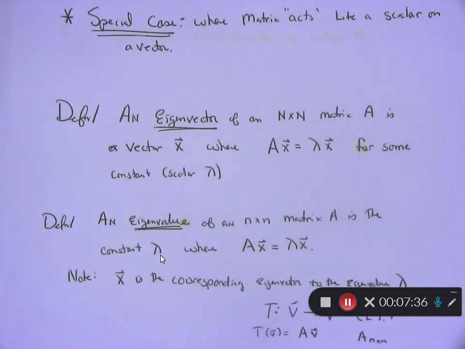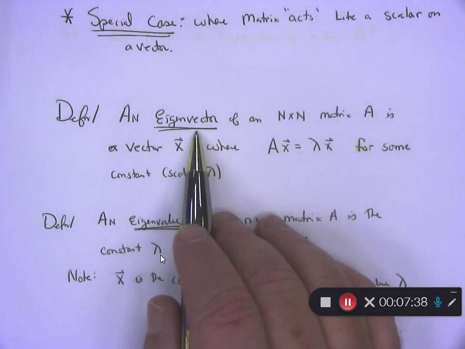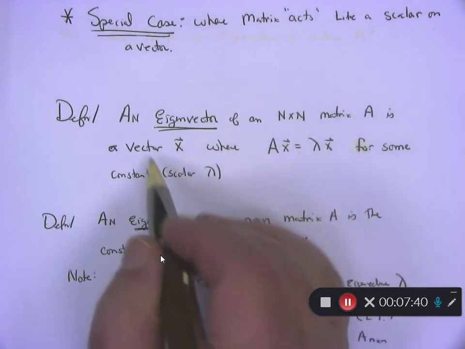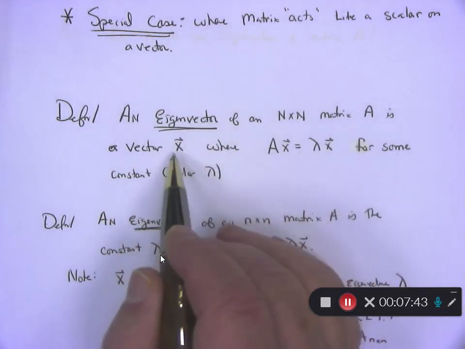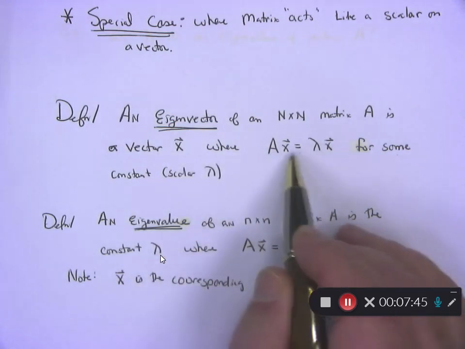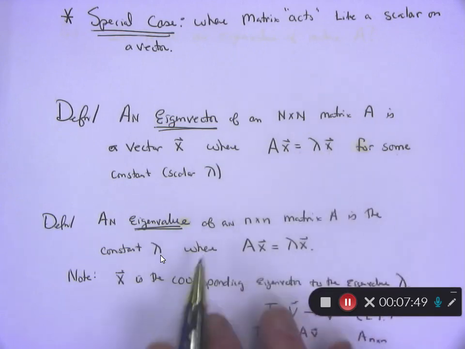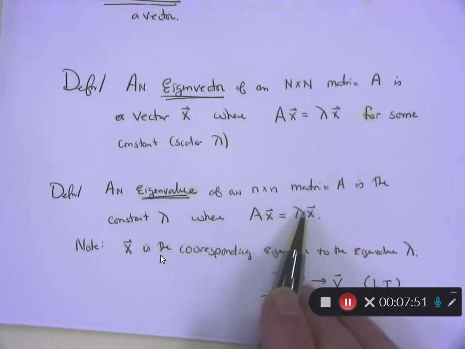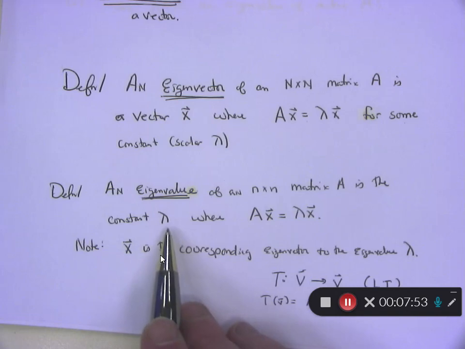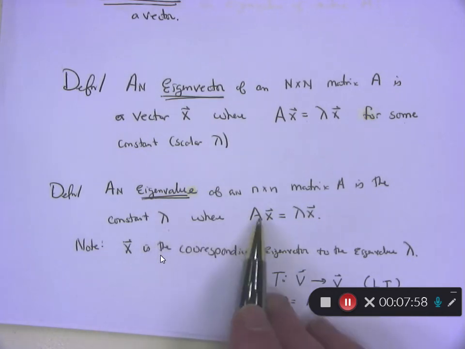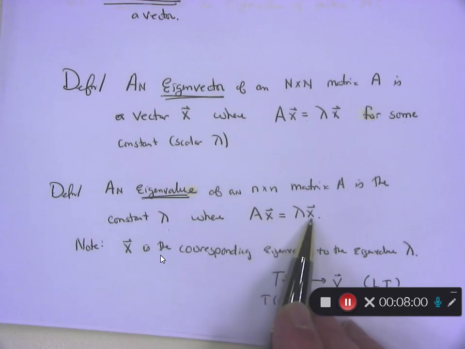So an eigenvector of an n by n matrix is the vector x where the matrix acts like a scalar. X is the eigenvector. The eigenvalue of an n by n matrix is the constant lambda. We just like to use Greek letters to impress you guys. Lambda, where A times x is equal to lambda times x.